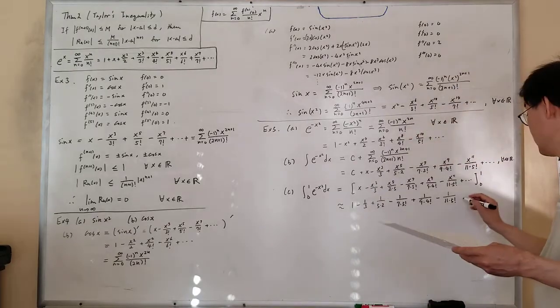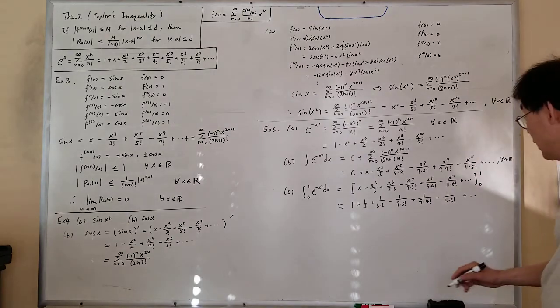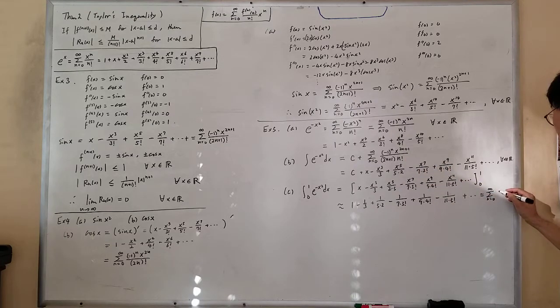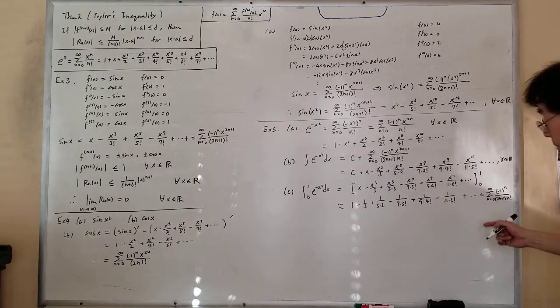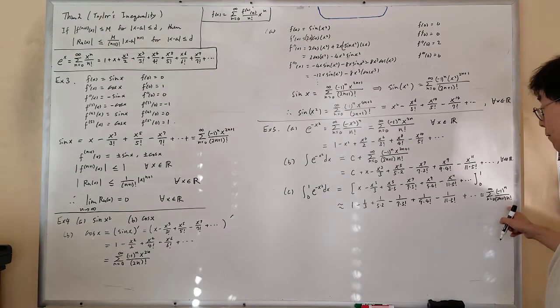So obviously this is an alternating series. But if you want, you can write it as over here: minus 1 to the n over (2n plus 1) times n factorial. So this is your a_n. The absolute value of a_n is 1 over (2n plus 1) n factorial.